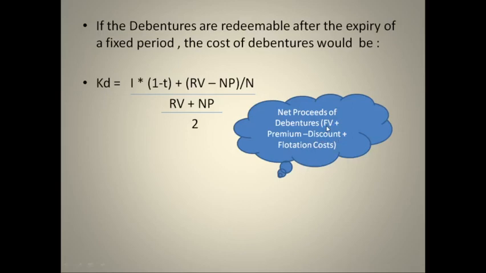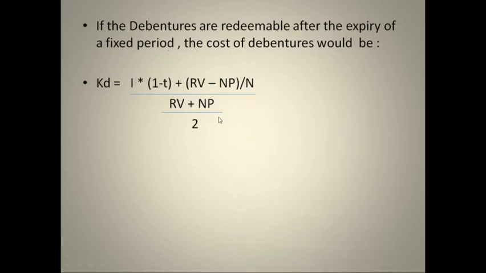So FV plus premium or FV minus discount plus the flotation costs. That's how we understand how to find RV, how to find NP, and after that what we have to do is simply substitution, which is nothing but a piece of cake to solve a sum. Finally the value of N is called the maturity period or the life of debentures.